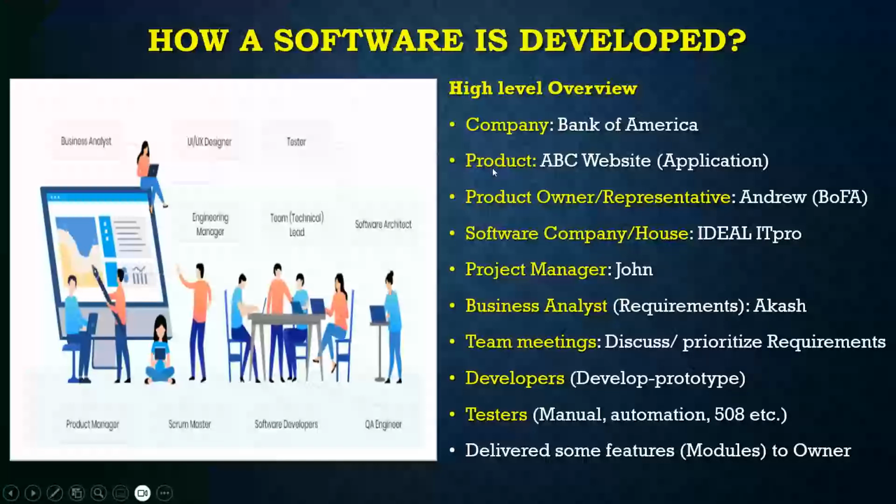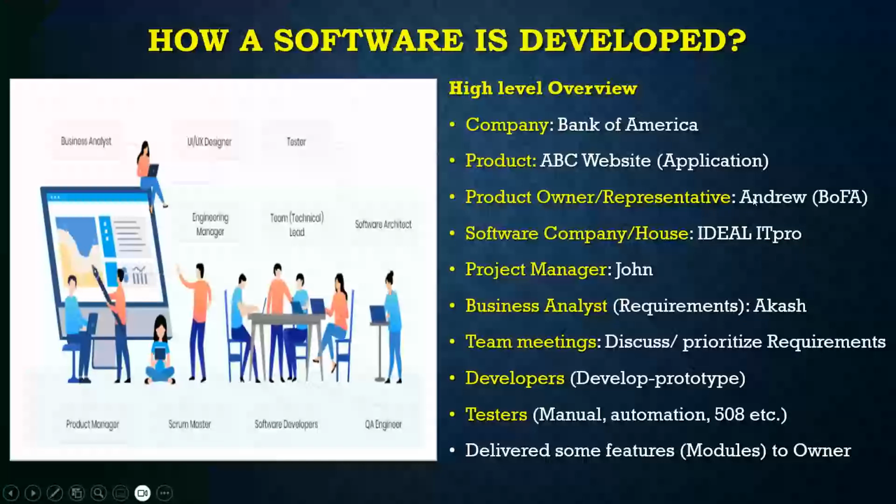So basically, I will explain to you about product and project. Once we discuss all these things, I will help you understand the difference between product and project. So let's say Bank of America would like to add another product in their system, and that product name is the ABC website or application.